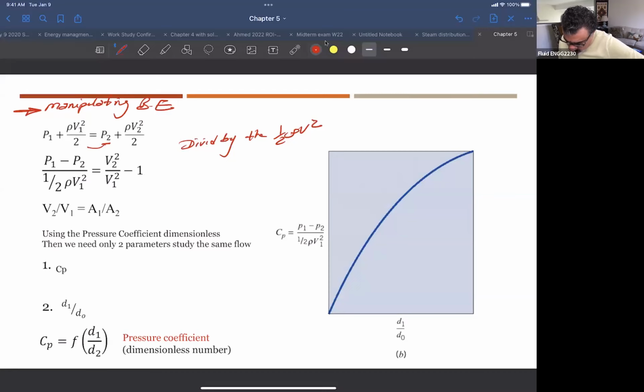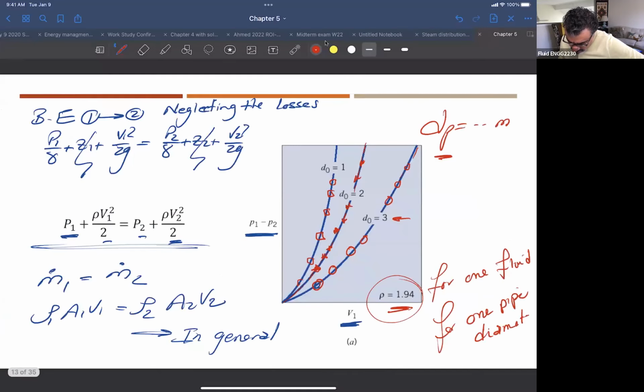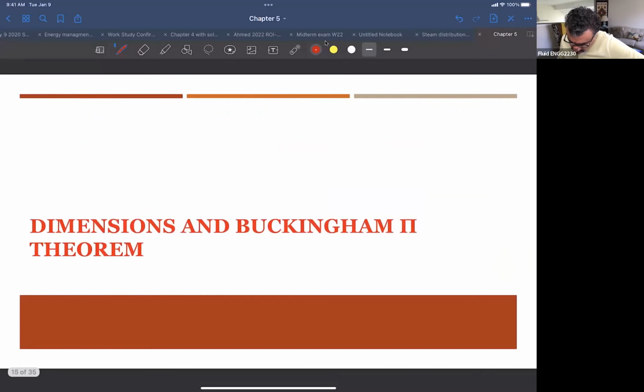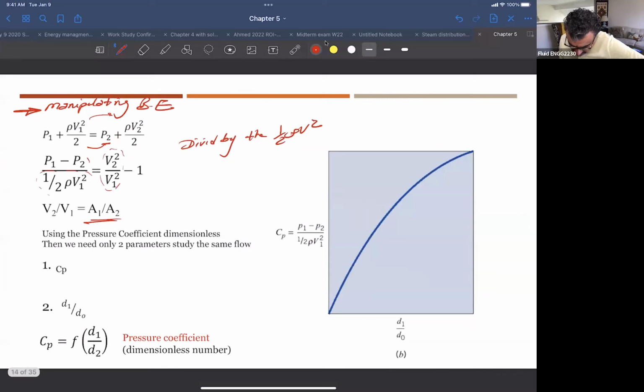And why am I dividing by this? Because this is a dynamic head, right? So basically I divide by this, and now I will just get the velocity on the other side. It's V2 square over V1 square, which is actually an area over area, right? Now I'm converting the Bernoulli equation from this form to a non-dimensional form like this.